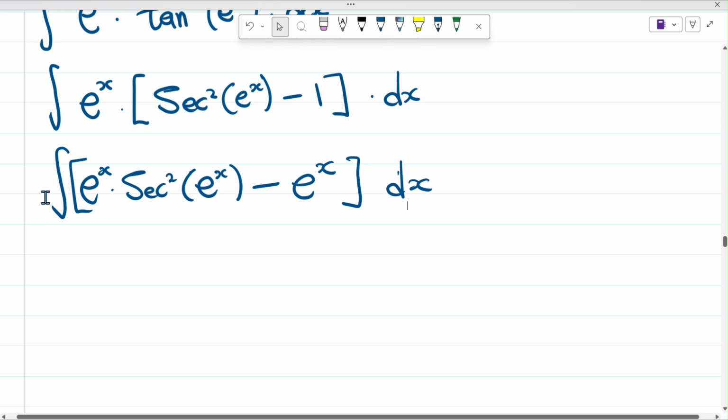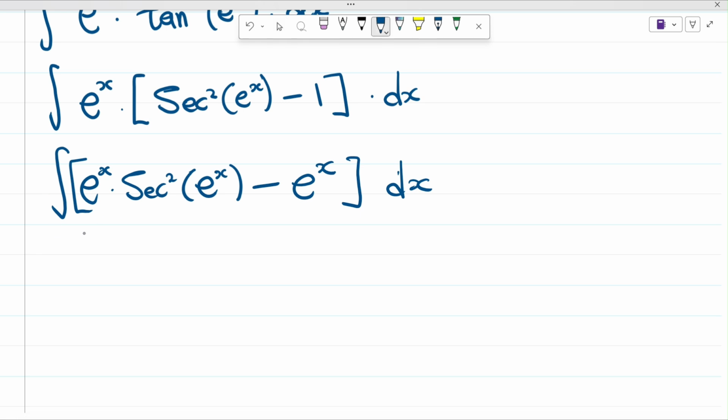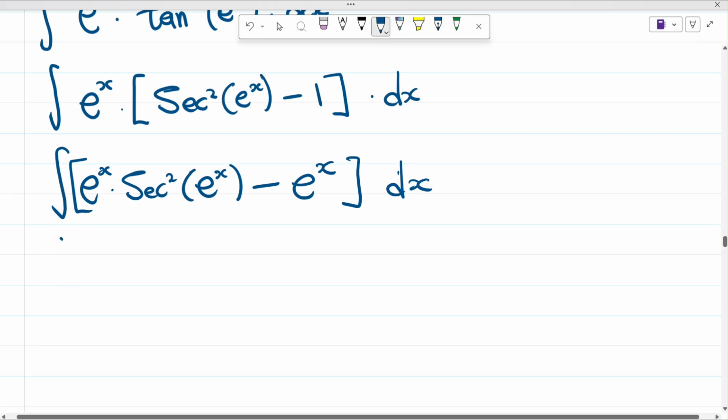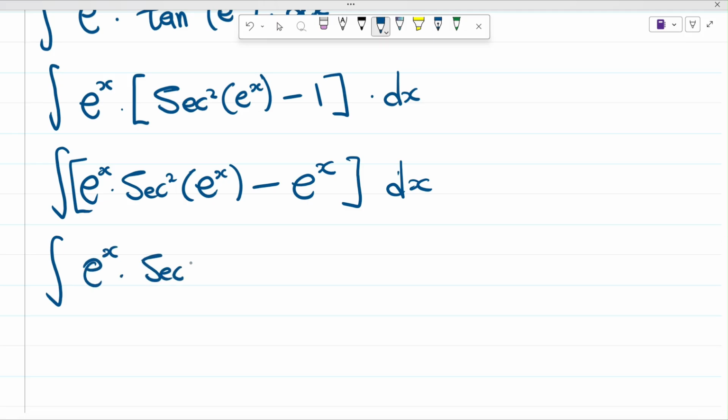From here I can decide to split it, so let's do it to avoid confusion: the integral of e to the power x multiplied by sec squared of e to the power x dx minus the integral of e to the power x dx.